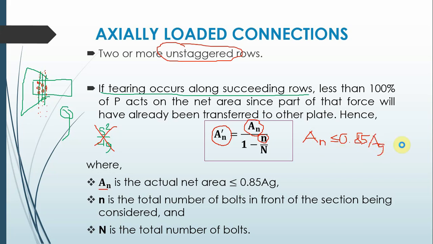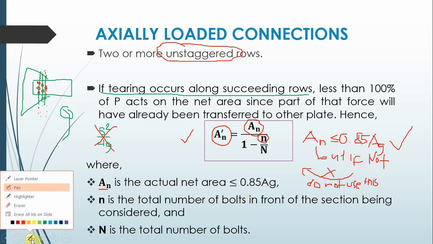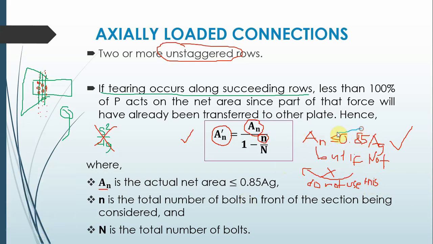If it does not meet it, then do not use this. Meaning, if it is not satisfied, you will use 0.85 A sub g. You will still use that. Understood? Take note.